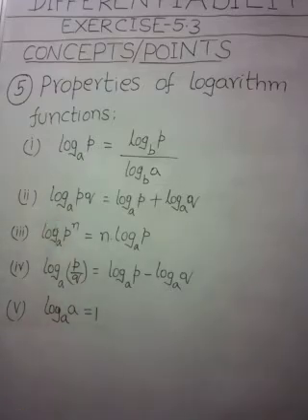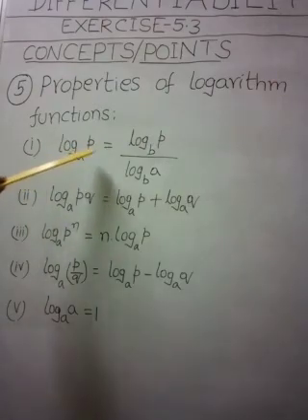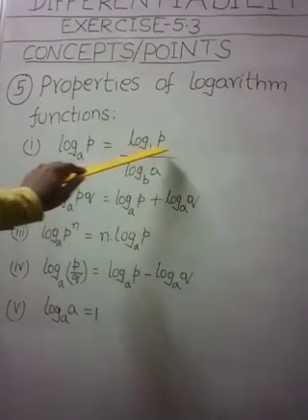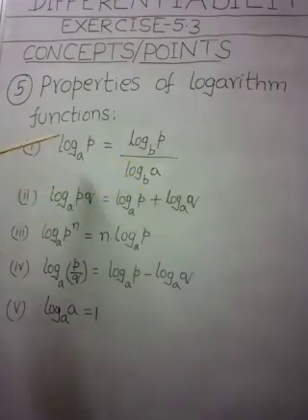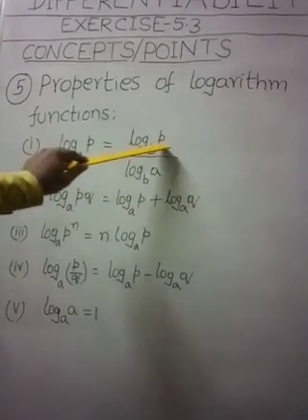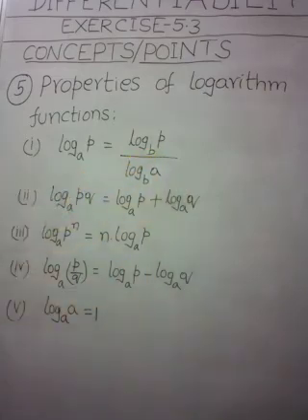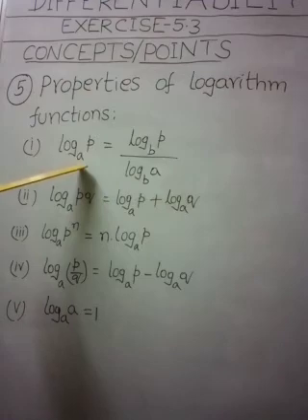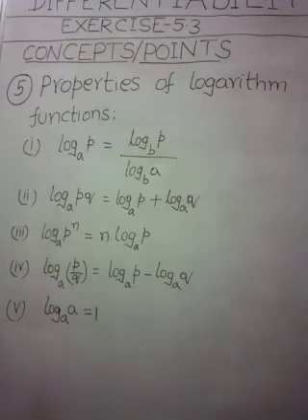First point, log P base A is equal to log P base B divided by log A base B. This is written as a numerator and this as a denominator. The base is changed: the base is B here, whereas here the base is A. This logarithm function can be written like this. Okay, my dear children? Right.